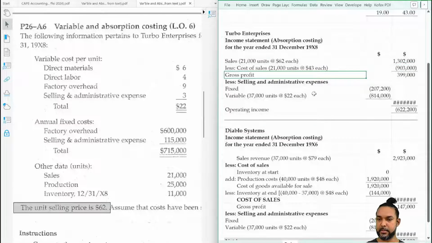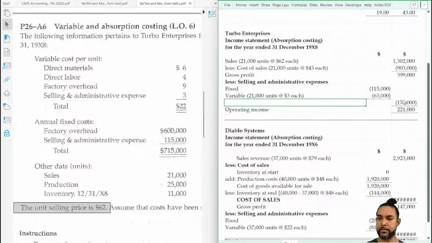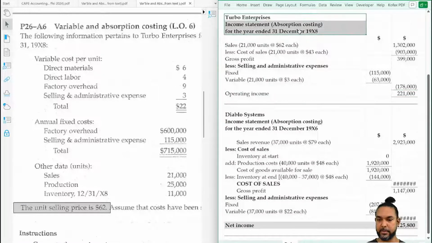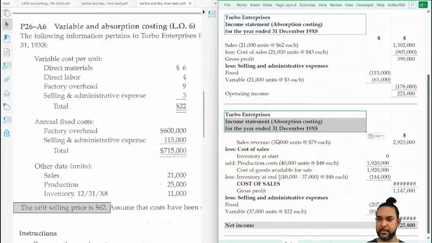Selling and admin, the fixed selling and admin is 115 and the variable, we sold 21,000 and it's $3 per unit. So that's equal to 178. And in case anybody did it the other way, slightly longer way, again, nothing wrong with that, if that's what your brain is liking.